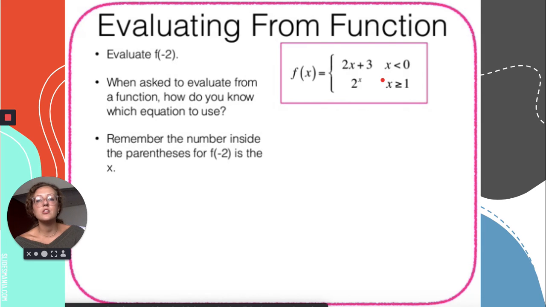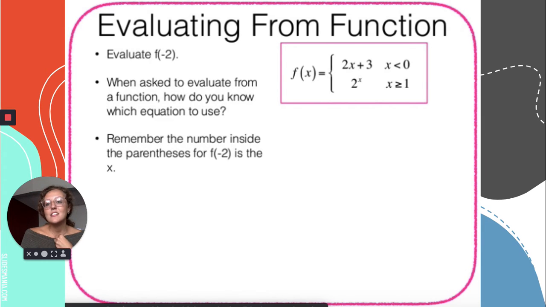So if I wanted to evaluate f of -2, normally if it was just like f of x equals 2x plus 3, I would plug -2 in and solve it, right? But here we have a problem because this function is cut into pieces. So when x is less than 0, the function is 2x plus 3. But when x is greater than or equal to 1, the function is 2 to the x.